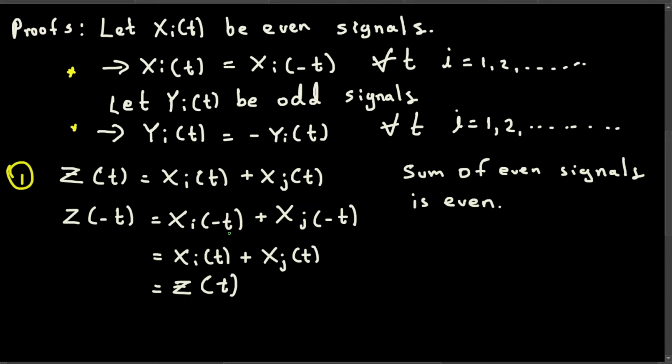So we take the function z of negative t, and that's equal to xi of negative t plus xj of negative t, and for the even signal, xi of negative t is equivalent to xi of t. So we can substitute that back: xi of t plus xj of t, and that gives this function back. So from this we know that the sum of even signals is even.